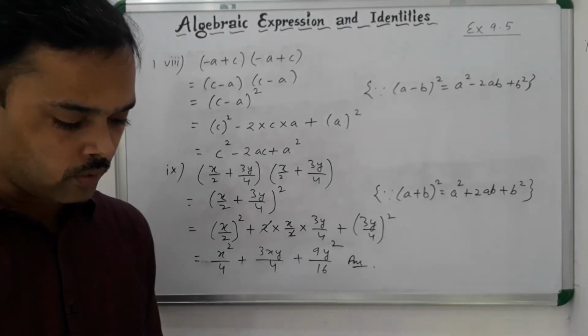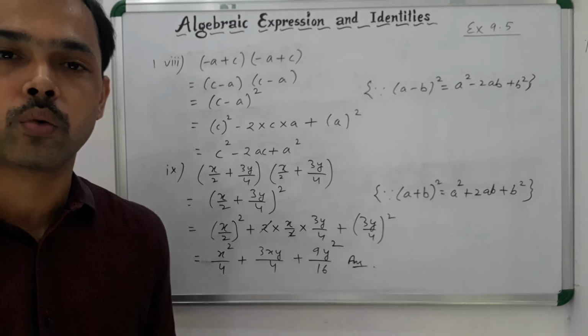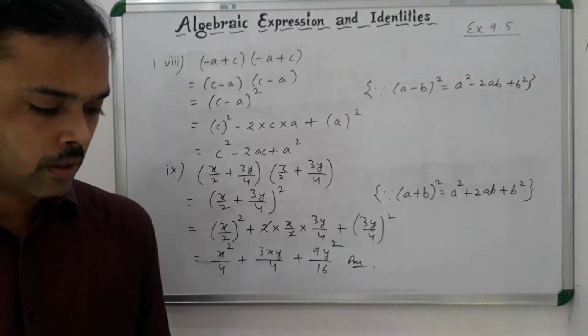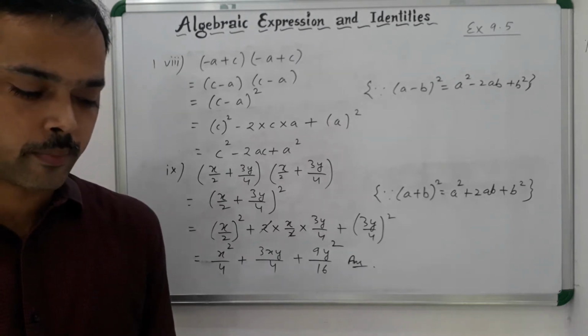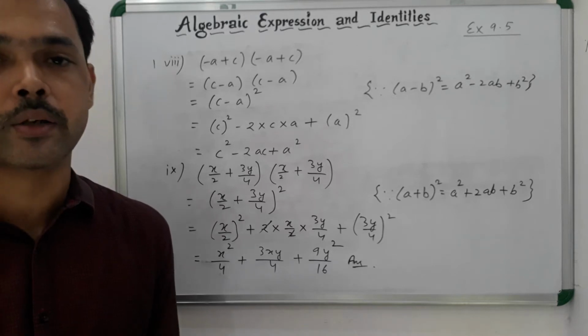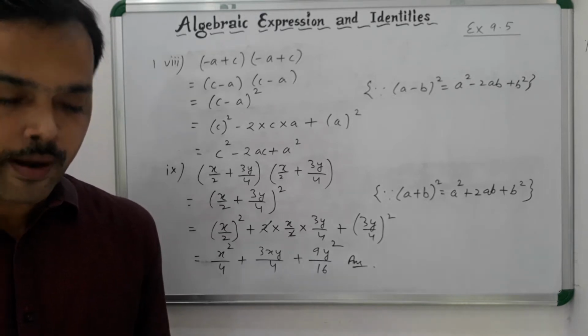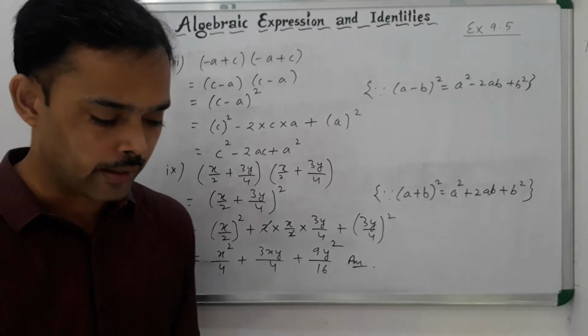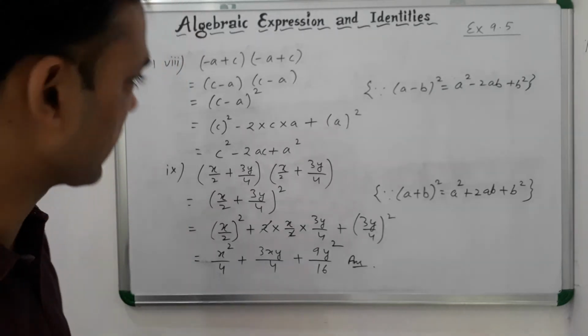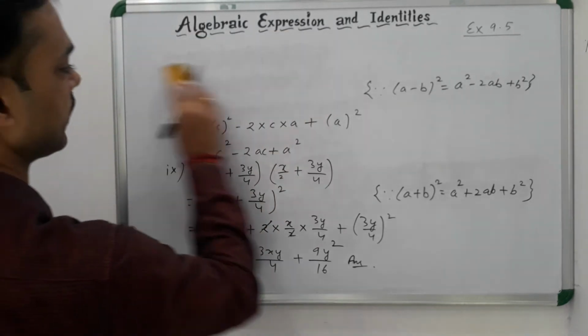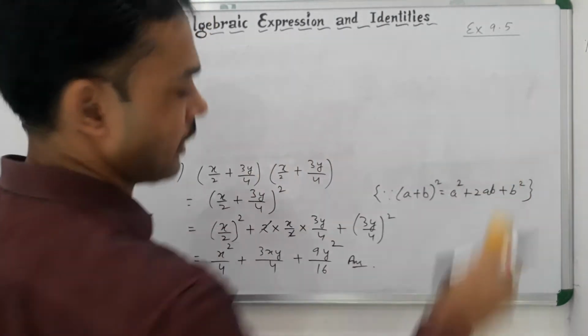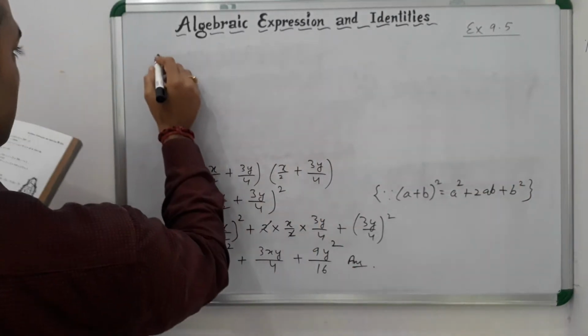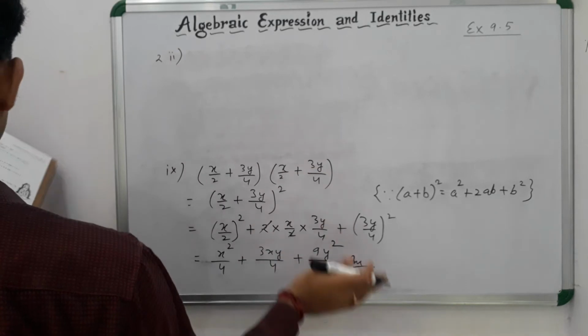Okay, now after this let us move on to question number 2. In question number 2 it is mentioned, use the identity x plus a into x plus b to find the following products. Let us do question number 2, second part.